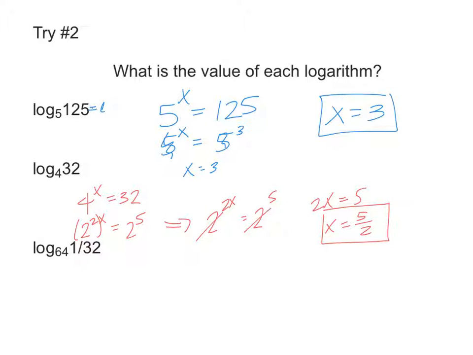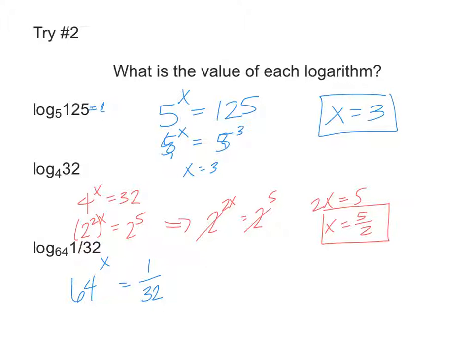And the last one, the base is 64. We don't know what the answer is, so we're going to have to put it: 64 to what power equals 1 over 32. All right, first of all, this 1 over 32 is kind of not so great looking, right?